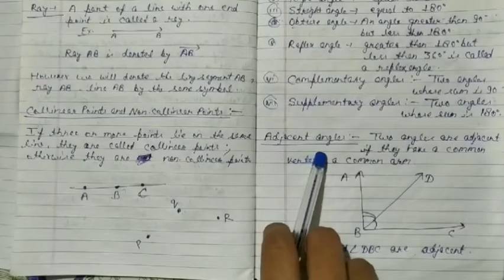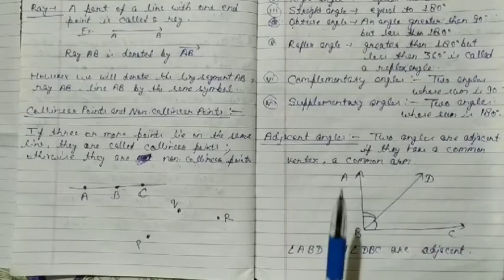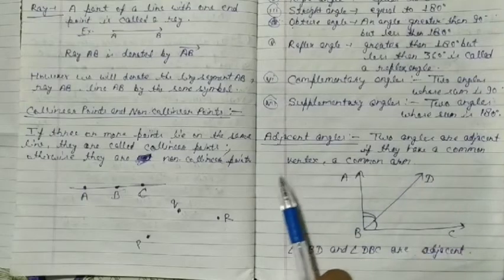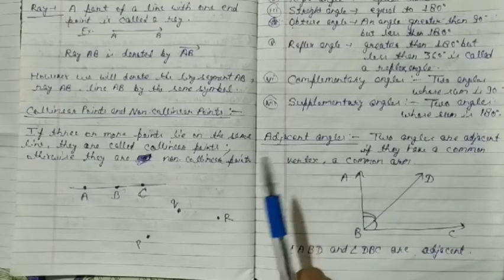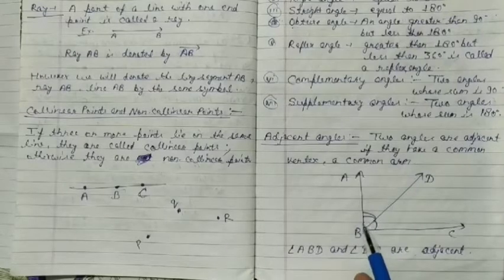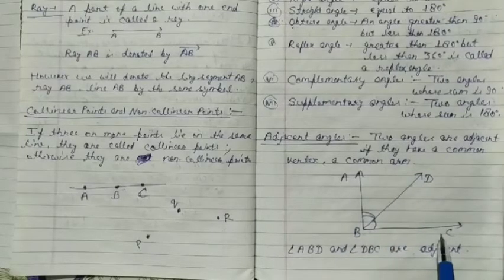Adjacent angles. Two angles are adjacent if they have a common vertex and common arm. Let in this figure angle ABD and angle DBC.